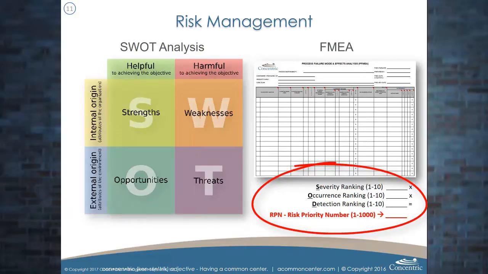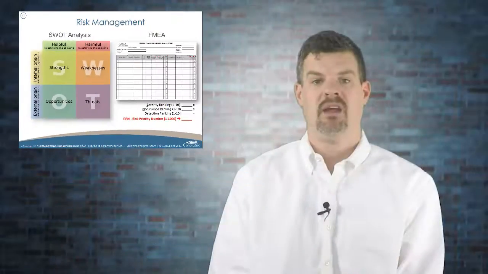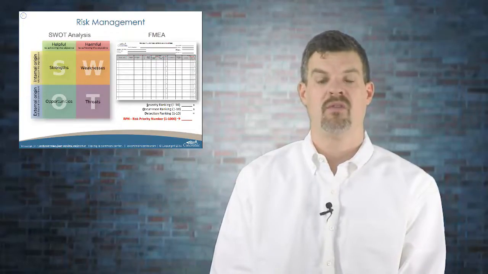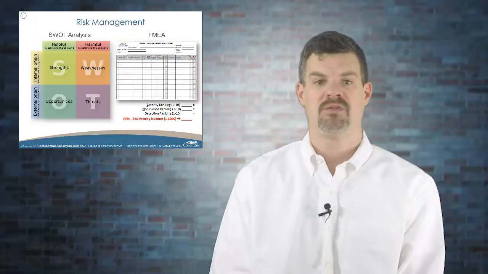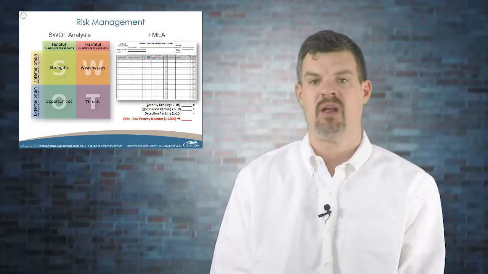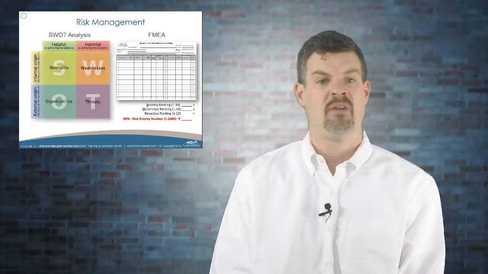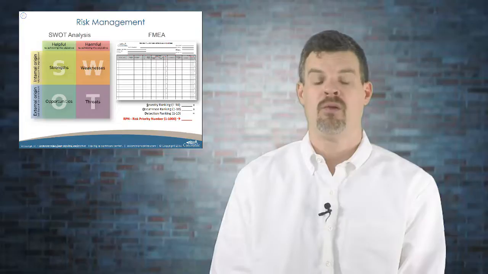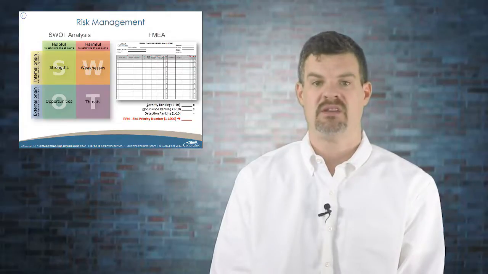And the way you get up to 1,000 would be if you ranked severity a 10 times occurrence, which was a 10, and detection at a 10. That would give you your worst case scenario risk, and you use this tool in order to mitigate those risks and reduce the overall RPN, or risk priority number, over time. So these are two tools from very simple to a little bit more complex, but definitely both very, very good for managing risk and lowering risk on a regular, continuous basis.